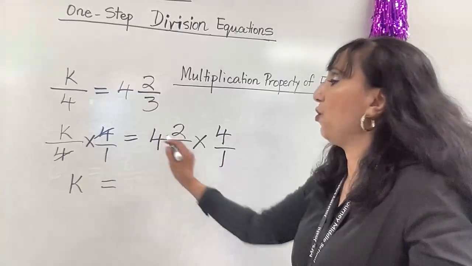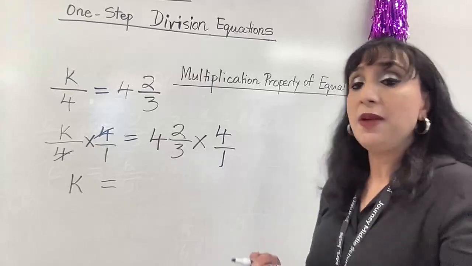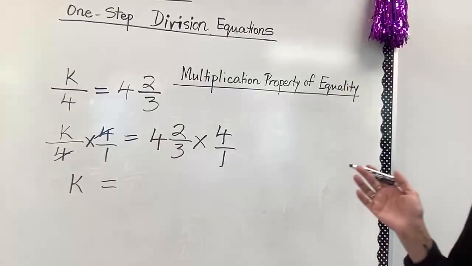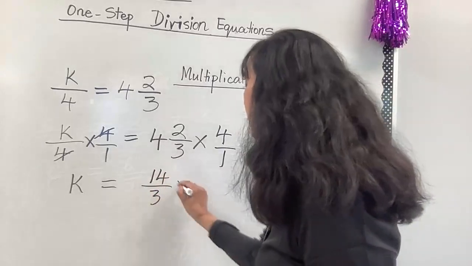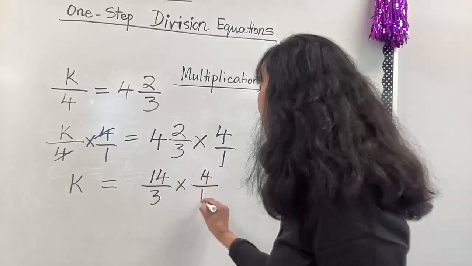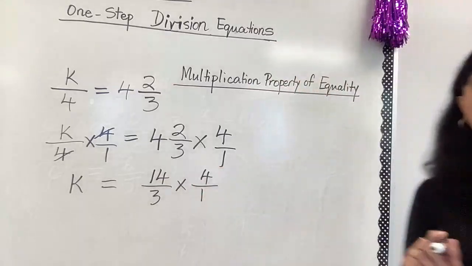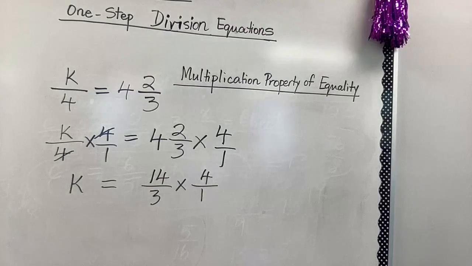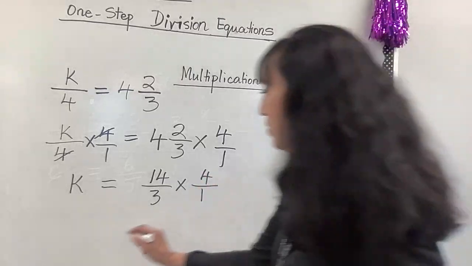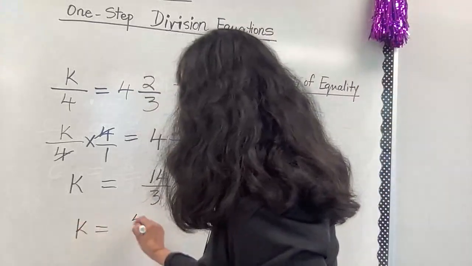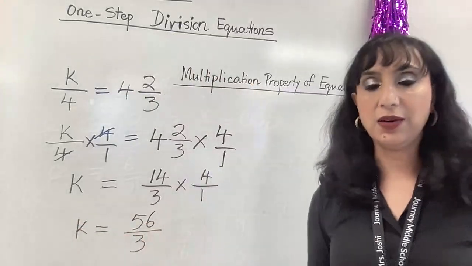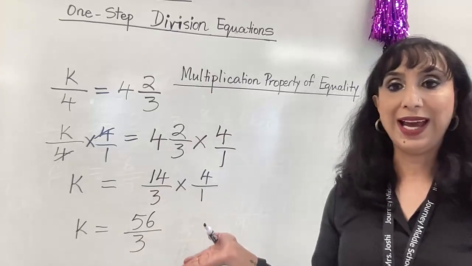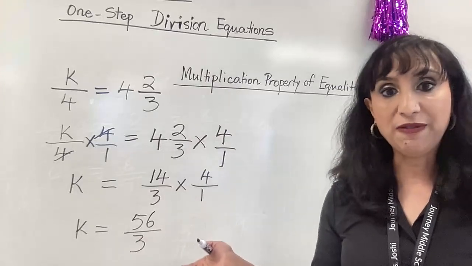So 3 times 4 is 12 plus 2. As you can see, I'm going to get 14/3 times 4 over 1. And now I am going to multiply, and I know that 14 times 4 gives me 56/3. Okay, so this is what I get as an improper fraction.